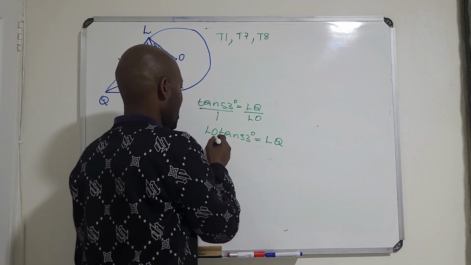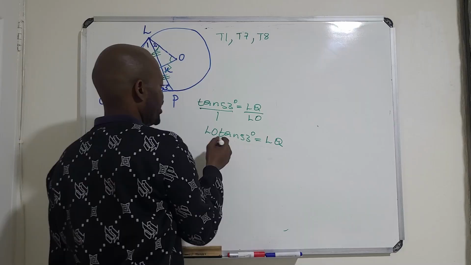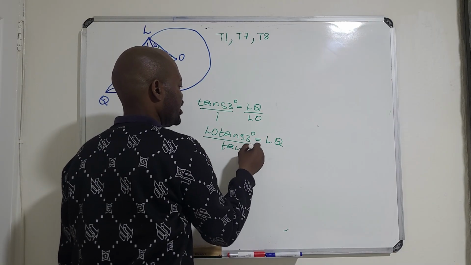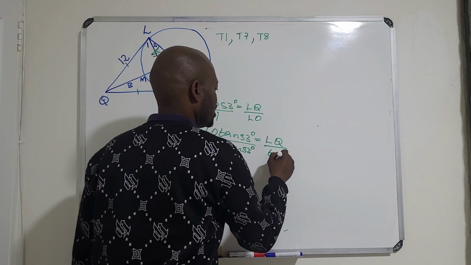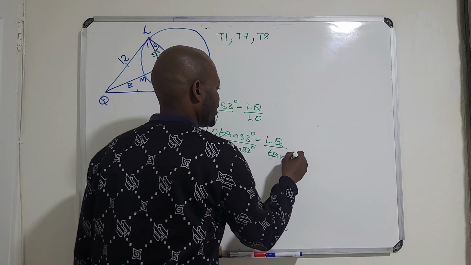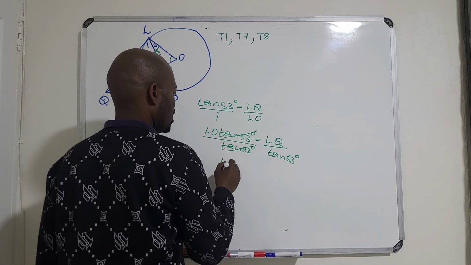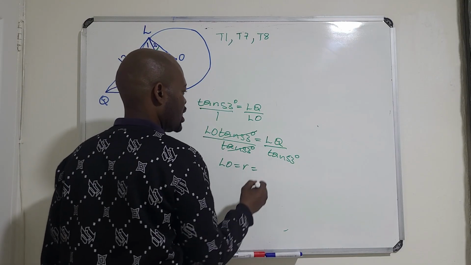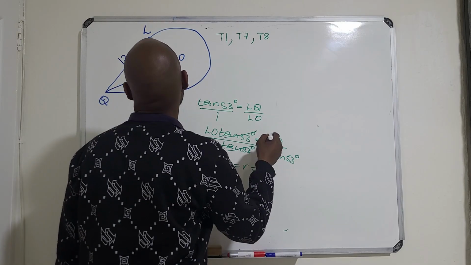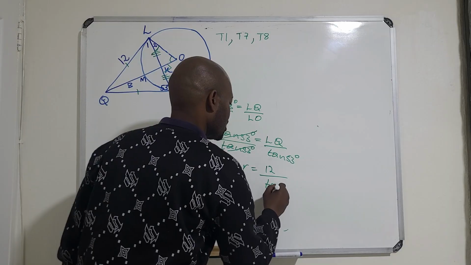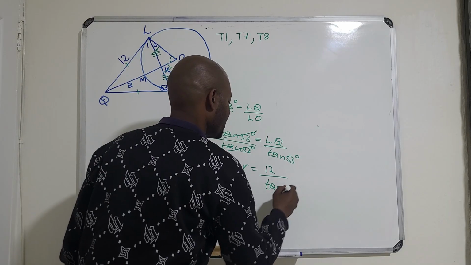To solve for LO, our radius, we divide by tan 53, so LO, which equals R, equals LQ, which is 12, divided by tan 53 degrees.